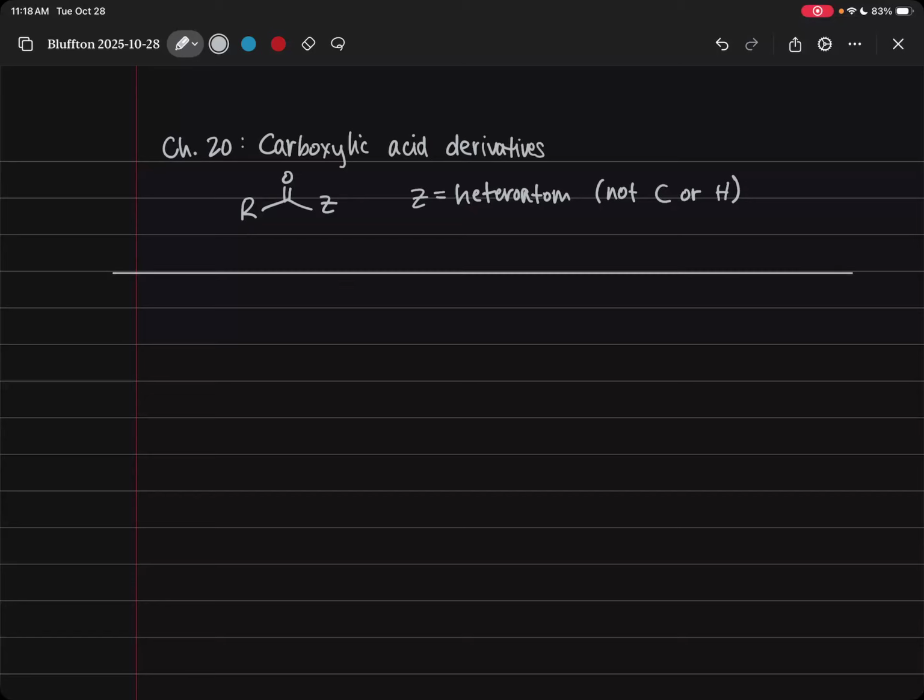Okay, so we're going to sort from most reactive to least reactive. There's going to be 6 things here, so budget your space. In the middle, we have sort of the parent, the actual carboxylic acid.